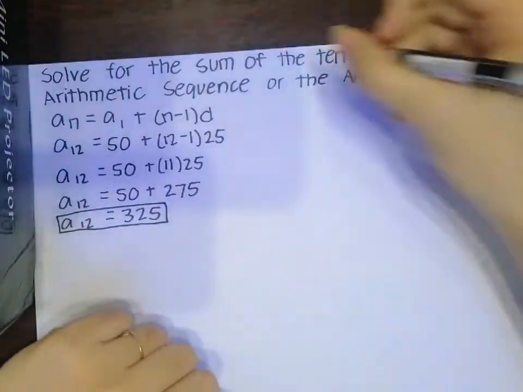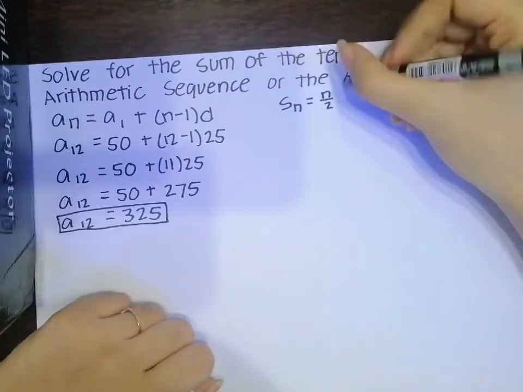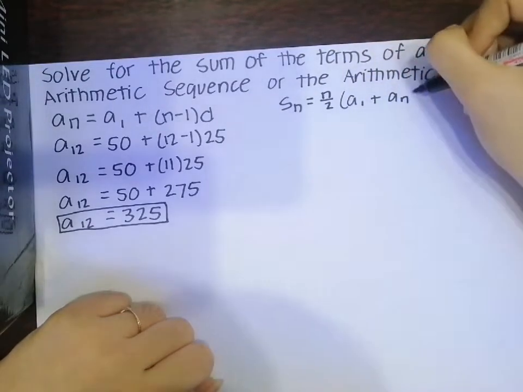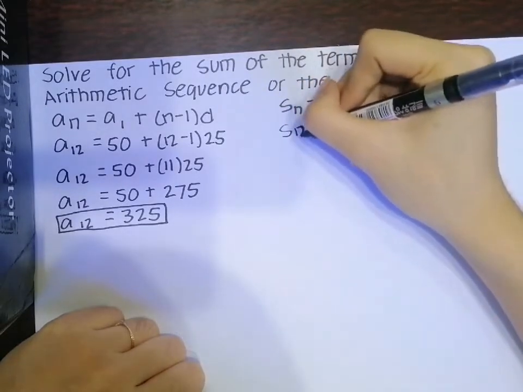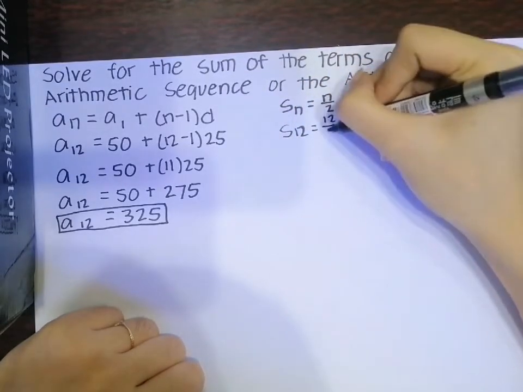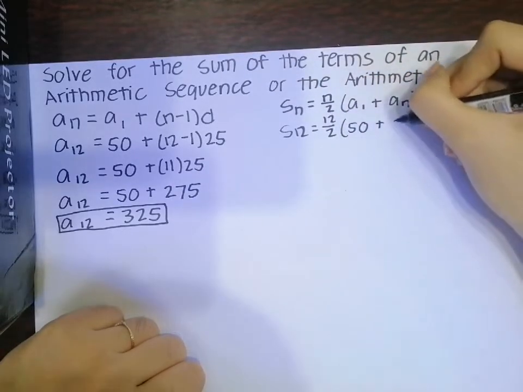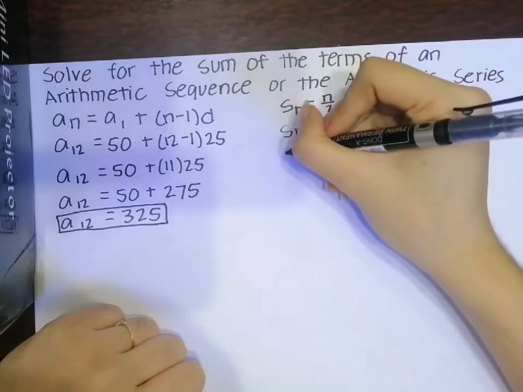After that, we will be using a new formula, which is S sub n = n over 2 times (a sub 1 + a sub n). Substitute the given values, and it will give us S sub 12 = 12 over 2 times (50 + 325).